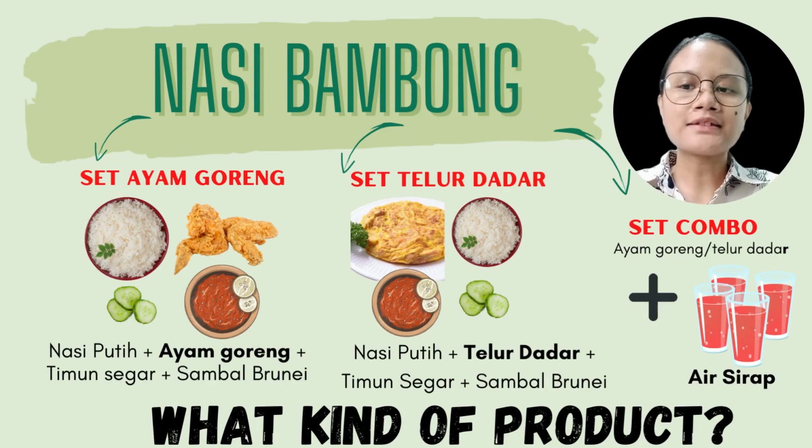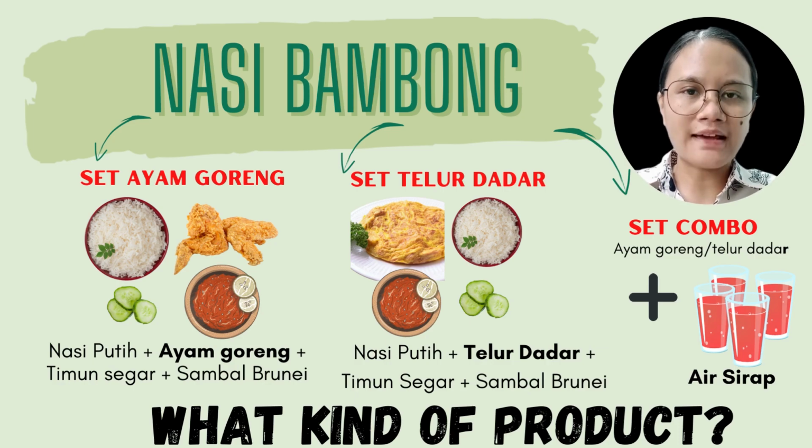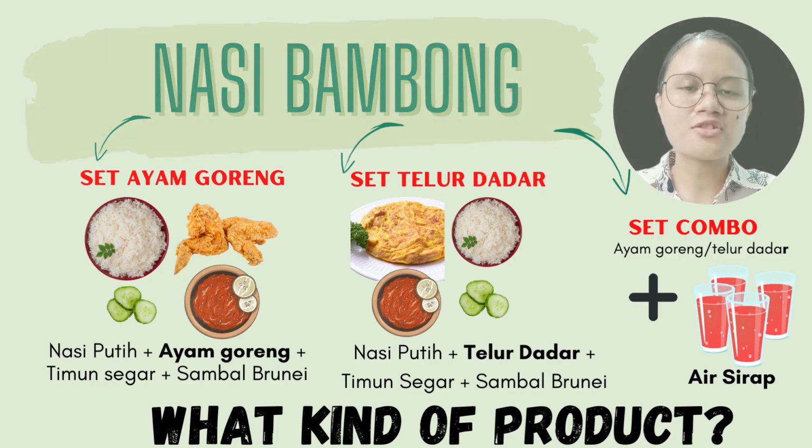Second, the item we will sell is nasi bambong or something that associated with nasi budget. The nasi bambong menu consists of rice, fresh cucumber, fried chicken or omelette with sambal Brunei. Therefore, we will sell two separate sets. A single set which is chicken set or omelette set without rings and a combo set each of it.